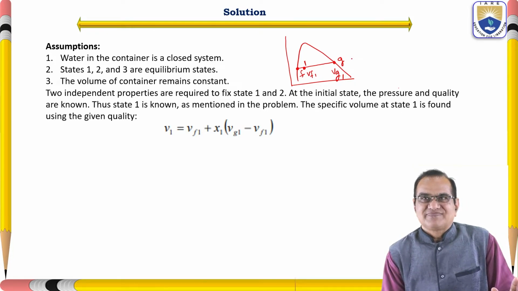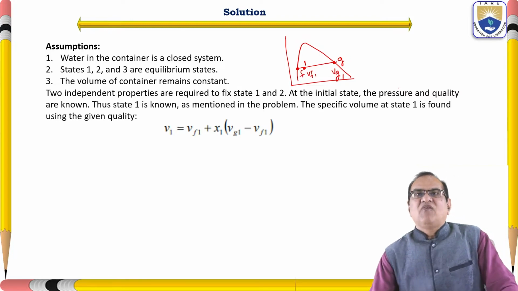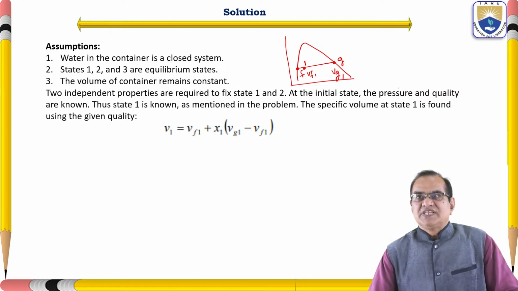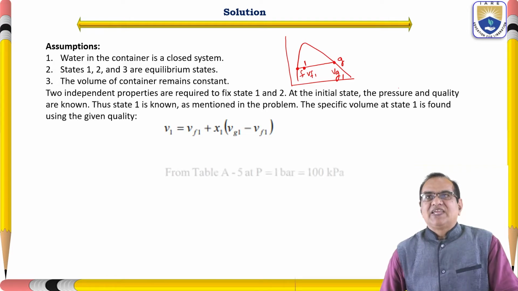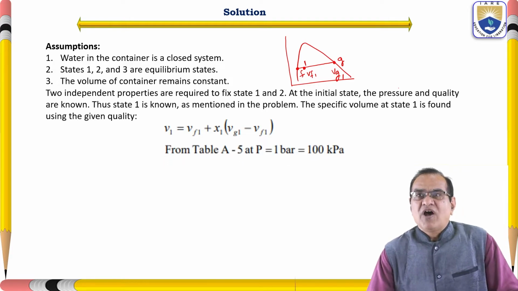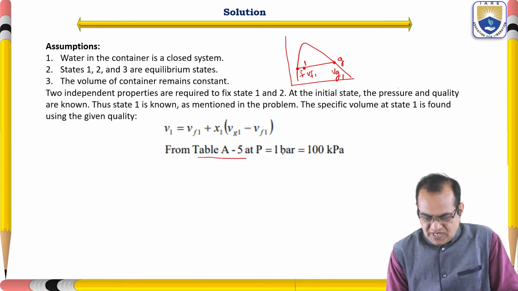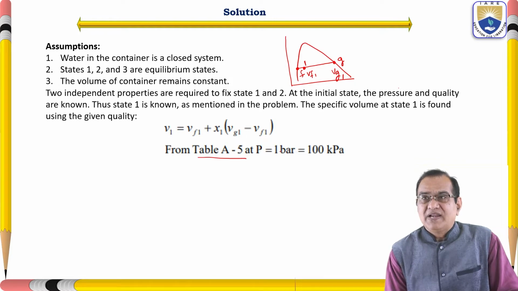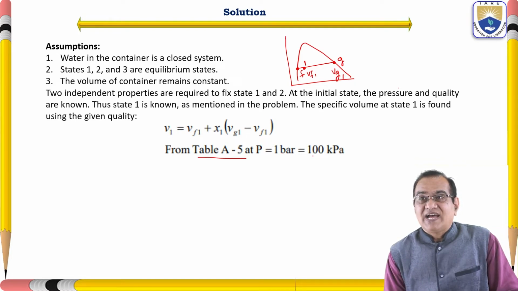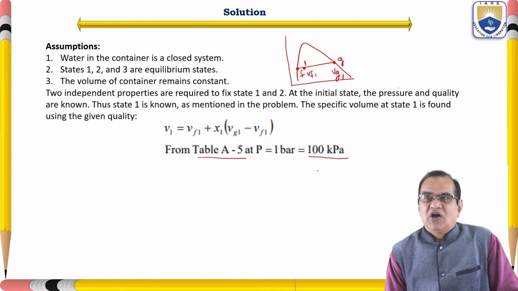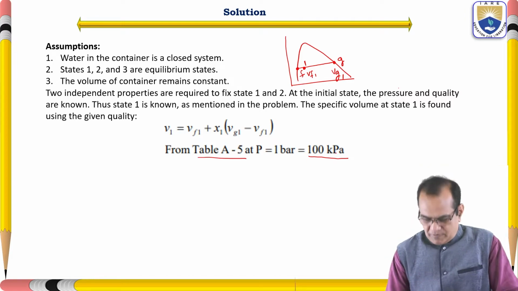So from this we can find the specific volume at the given condition. From the steam table at P equal to 1 bar, which is also 100 kilopascal.